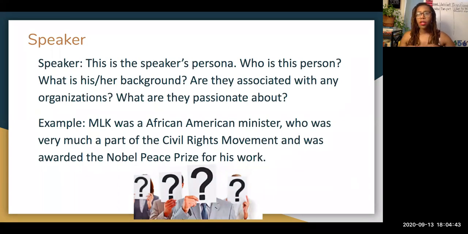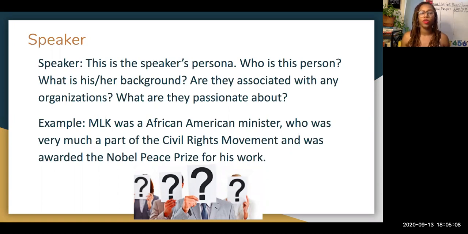Some people have the name recognition that you could go, oh, I know this about this person, but how much do you know, right? Knowing as much as you possibly can about the speaker's background can tell you things like hidden motivations or agendas. It can tell you what their beliefs are or their values.